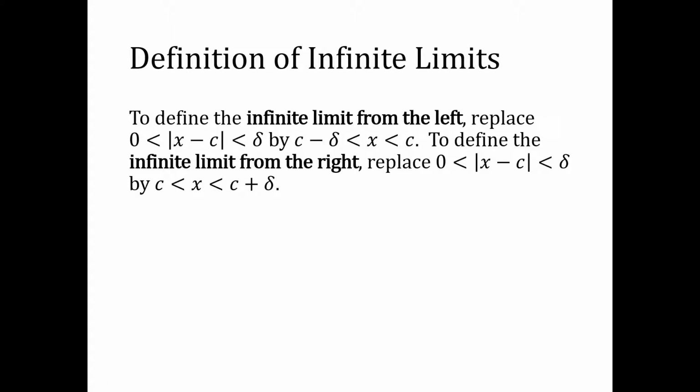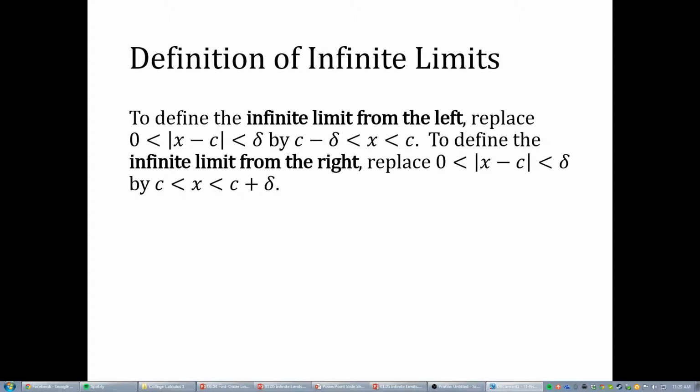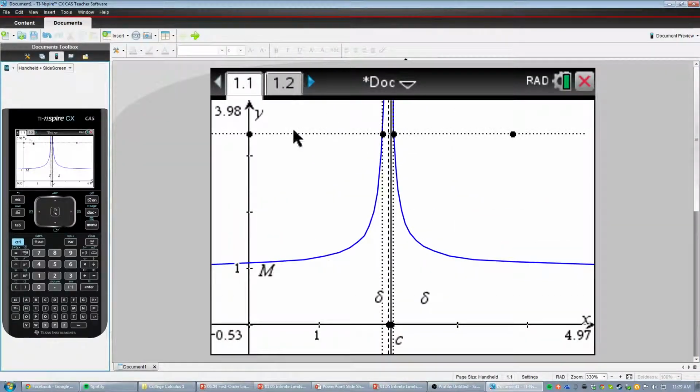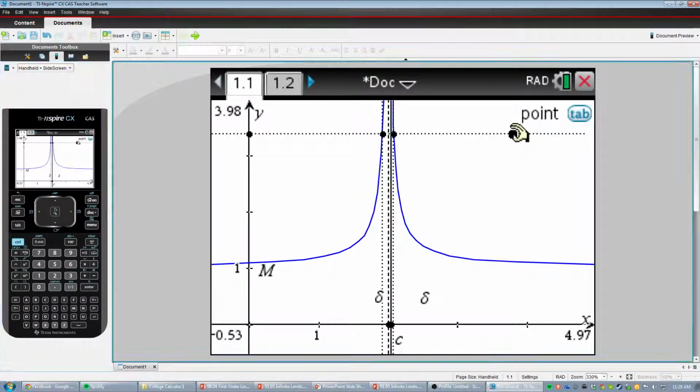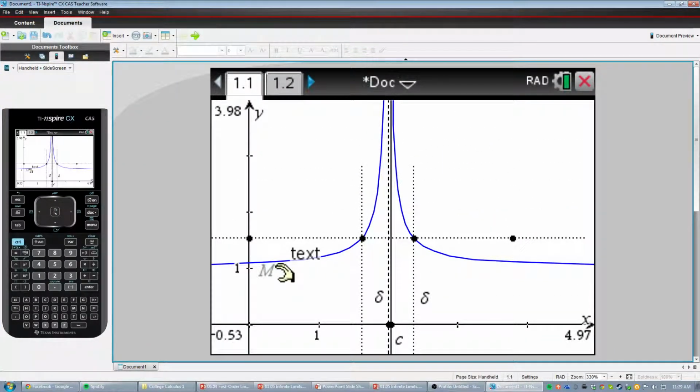So let's use the positive infinity to look at this. We'll bring this all the way back down, give us some room to work. And we're actually going to get rid of this line, delete it.